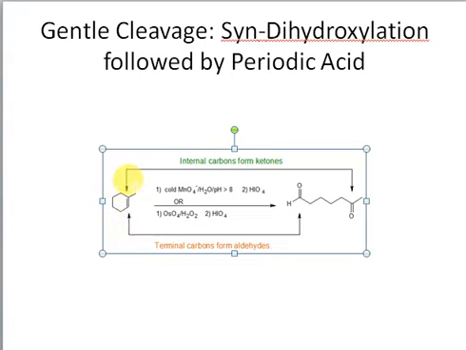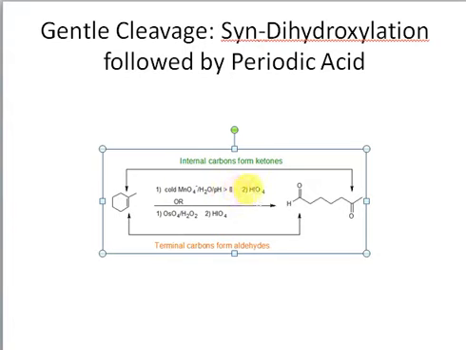Always remember that in the case of gentle oxidative cleavage, the internal carbon will form the ketone while the terminal carbon will form the aldehyde. So this carbon, since it's internal, forms a ketone, while this carbon forms an aldehyde. We have two options to carry out the gentle cleavage. Either we use cold potassium permanganate, KMnO4, and we have not shown potassium here because potassium is a spectator ion, and we have to maintain slightly basic conditions, so the pH is greater than 8.